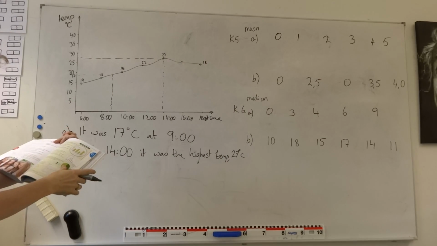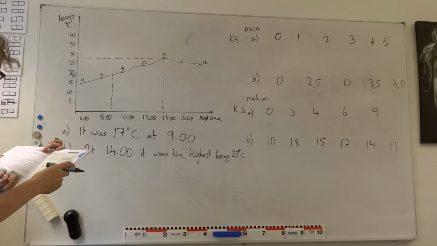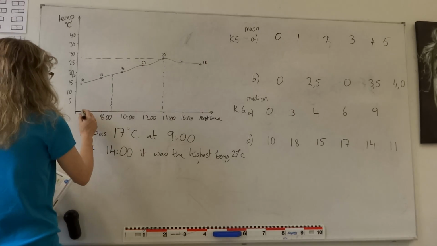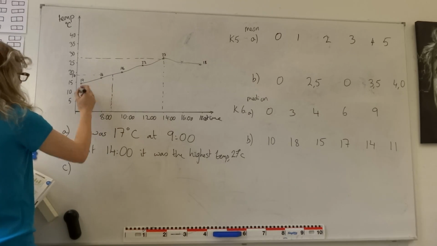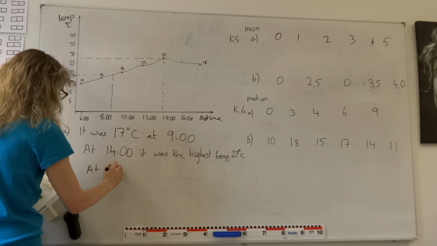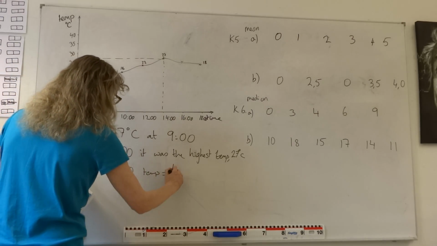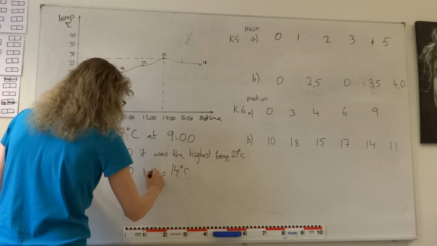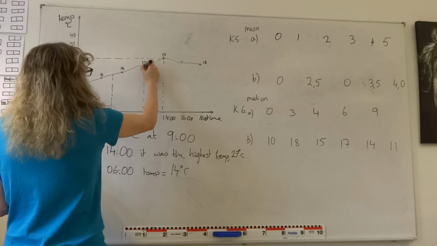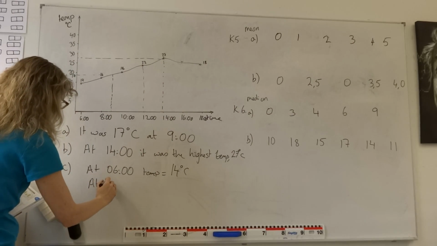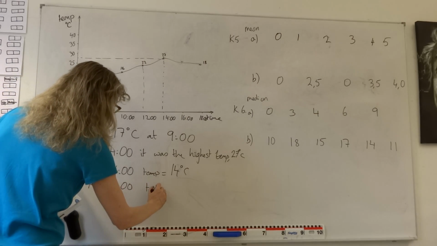Then it says, by how many degrees did the temperature rise from 6 o'clock till 12 o'clock? Well, at 6 o'clock we can see that the temperature was 14. At 6 a.m. temperature equals 14 degrees C. And at 12 o'clock, if we read off the graph, we can see that the temperature was 22 degrees.